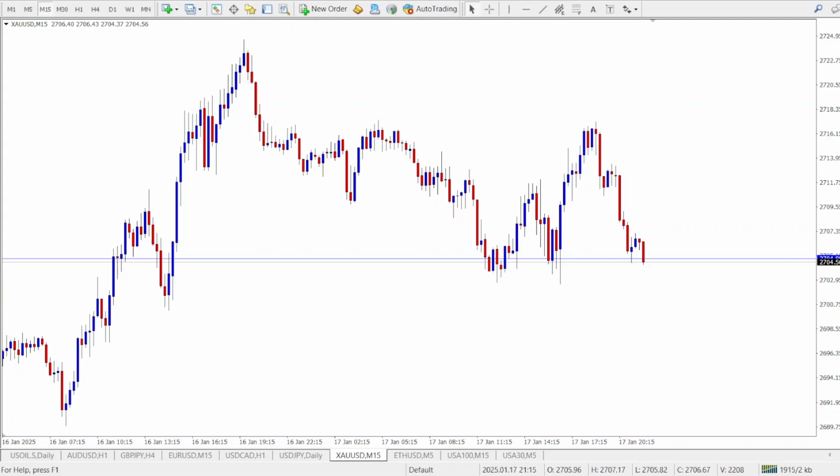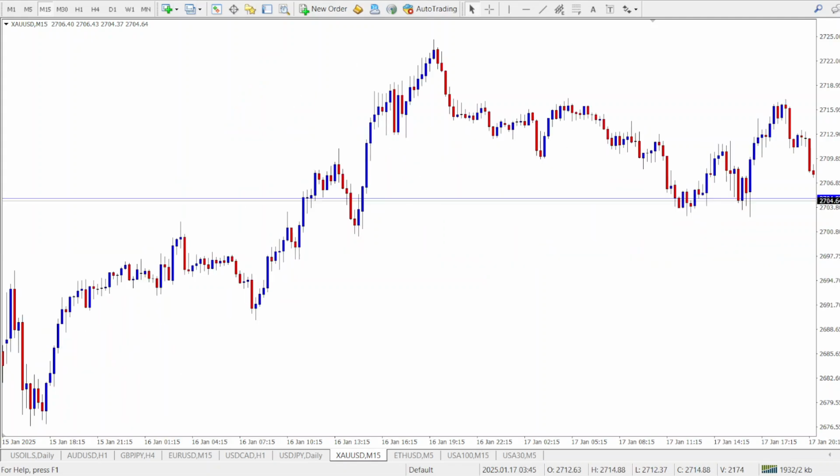First off, let's quickly recap what scalping is for those of you who might be new to scalping. Scalping basically is a trading strategy where you make quick trades, usually holding positions for just a few minutes or even a few seconds, right? And the aim is to capture small price movements.